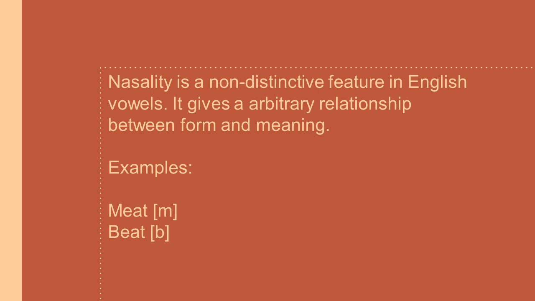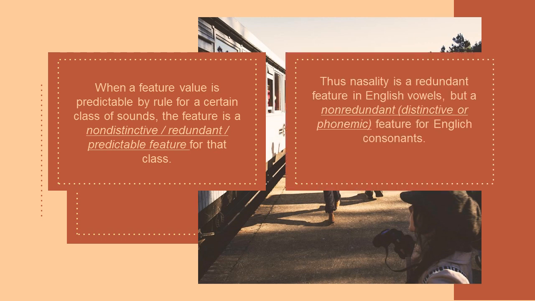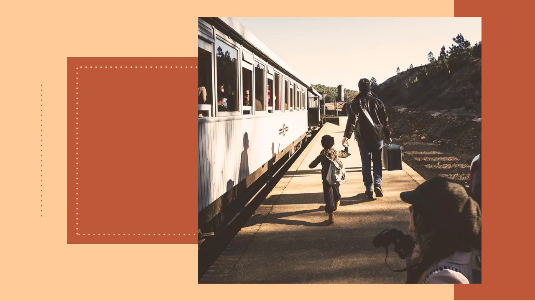By seeing the examples here, we can conclude that the words meet and beat show the distinctive feature, which is arbitrary. Next, when a feature value is predictable by rule for a certain class of sounds, the feature is a non-distinctive or redundant or predictable feature for that class. Thus, nasality is a redundant feature in English vowels, but a non-redundant or distinctive or phonemic feature for English consonants.